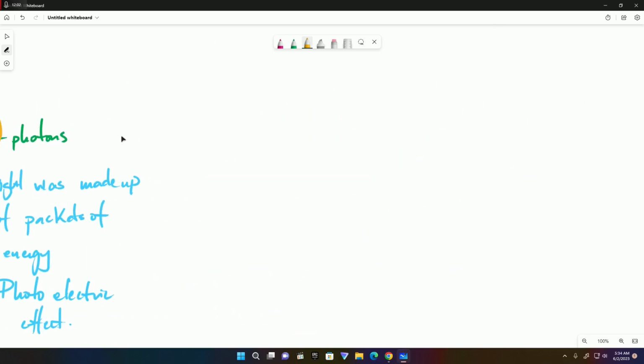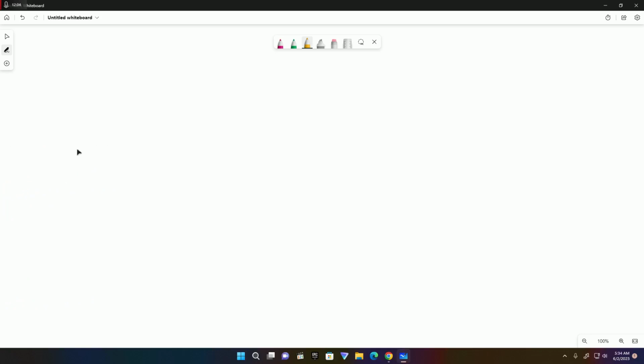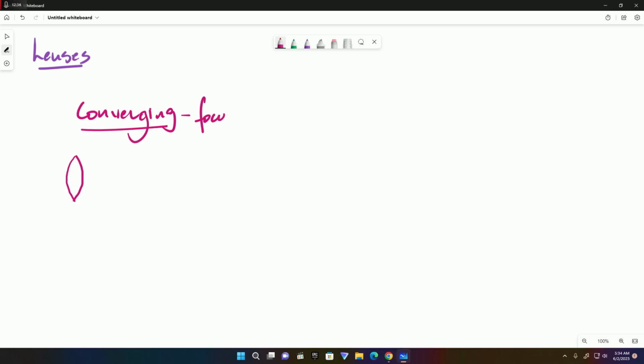Now, the next thing we have to look at is lenses. There are two types of lenses. You have your converging lenses, which are your convex lenses. These are lenses that are shaped like the lens in a magnifying glass. These focus light.